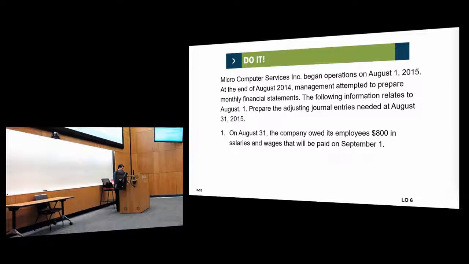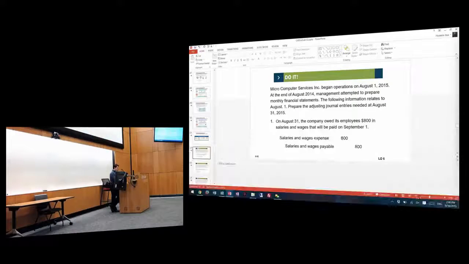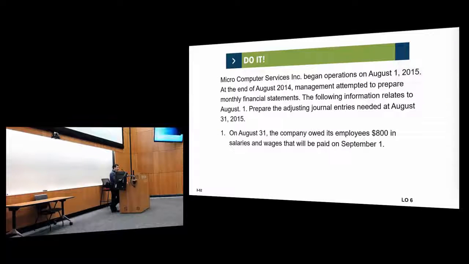The company owed its employees $800 in salaries and wages that will be paid on September 1st. Think about it for a minute. On August 31st, they owe their employees salaries, so they debit salaries and wages expense and credit salaries and wages payable. Okay?